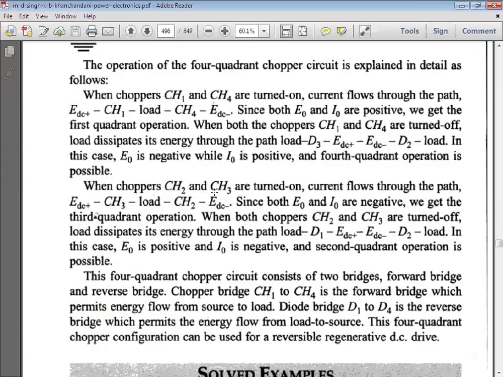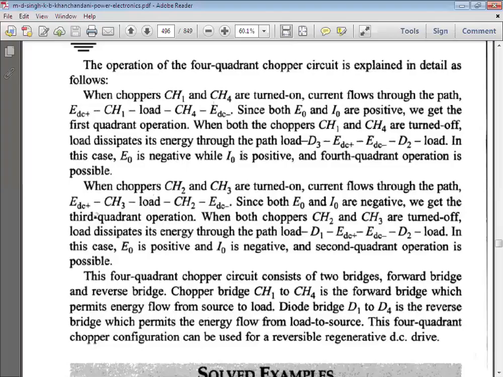When they are turned on, current flows through EDC plus, chopper 3, load, chopper 2 and EDC minus. Since both E naught and I naught are negative, we get the third quadrant operation. When both choppers are turned off, the load dissipates the energy through the path load, D1, EDC, D2 and the load.